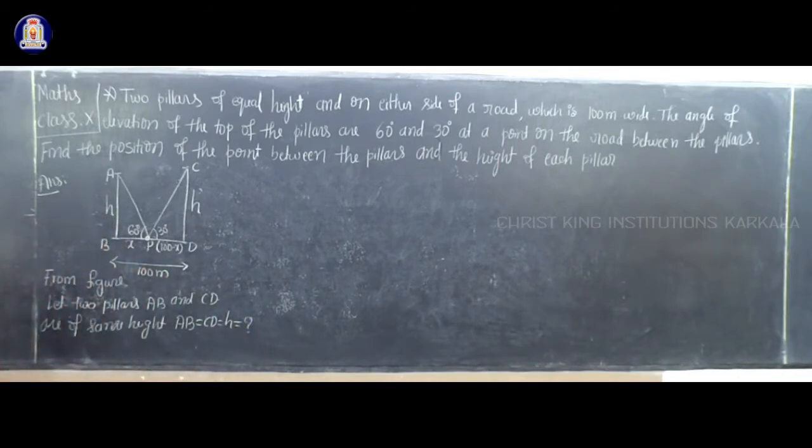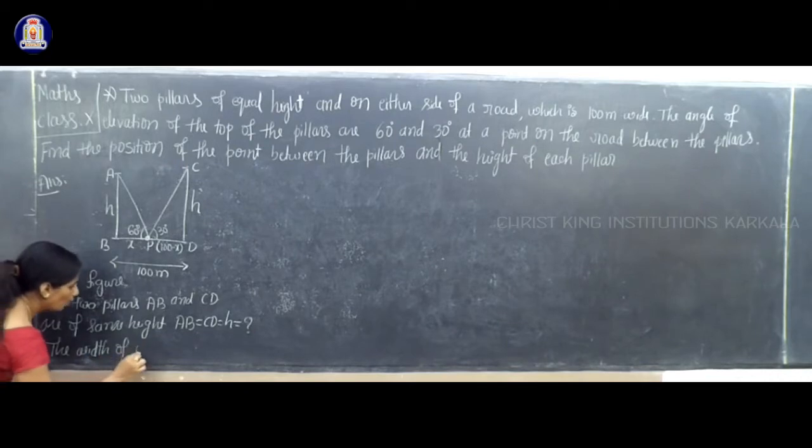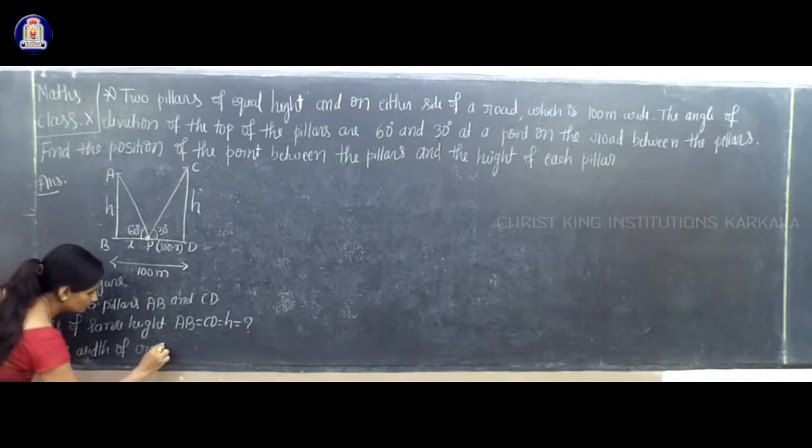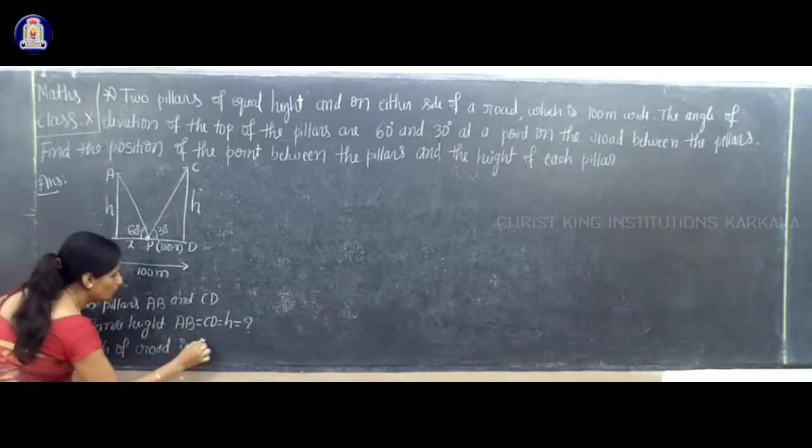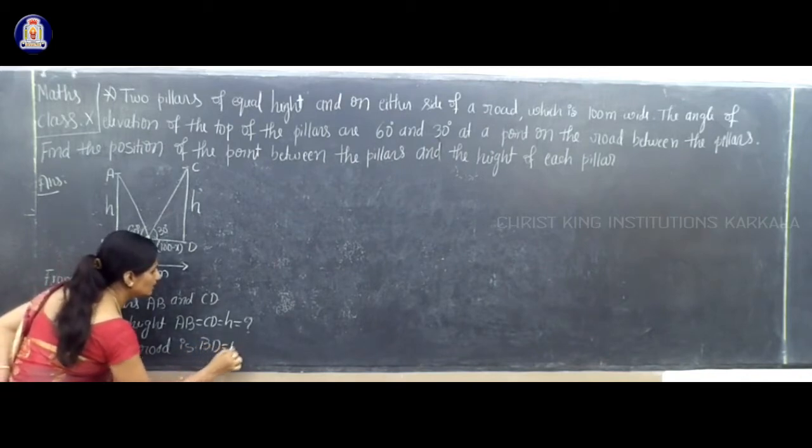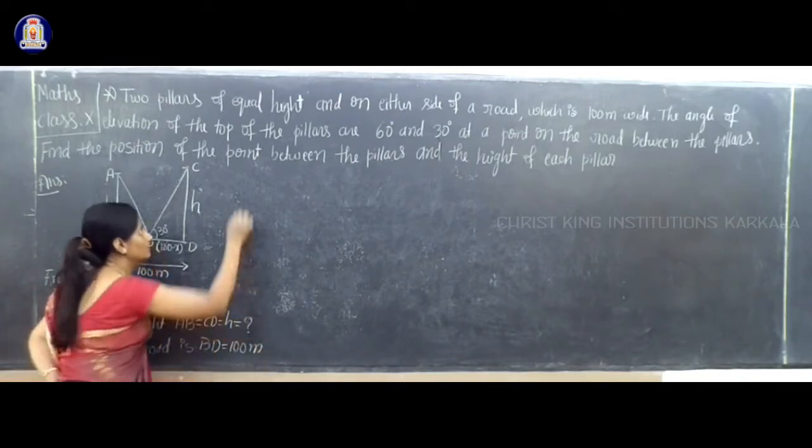Correct now? Next, the width of the road is BD is equal to 100 meter.